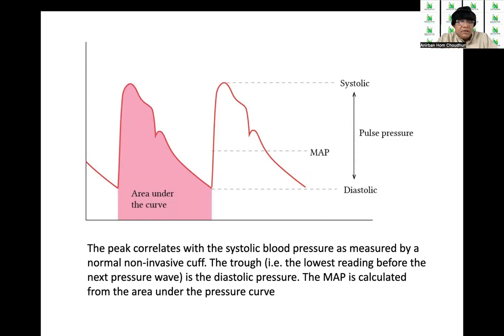The MAP is calculated from the area under the pressure curve. So if you can see the systolic, and below is the diastolic, between the two is the difference, which is the pulse pressure. You can find out the MAP from the area under the curve.